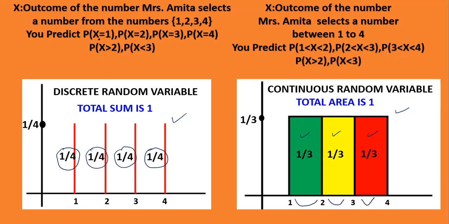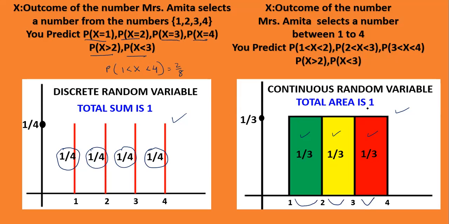Now, what probabilities can you find here? Individual probabilities you can find, and interval probabilities also you can find here. I can write something like this: 1 to 4 means 2 and 3, 1 by 4 plus 1 by 4. This will be 2 by 8. All kinds of probabilities you will be able to find here.